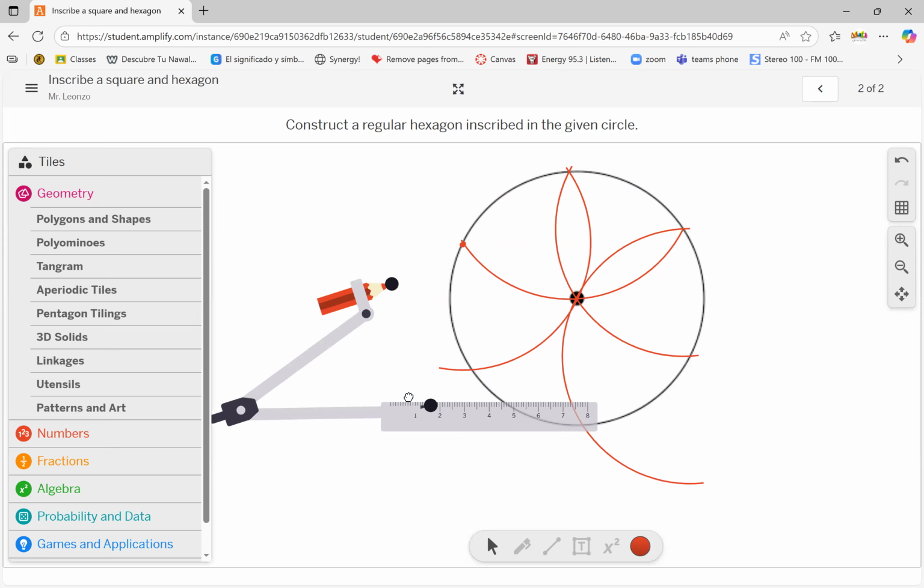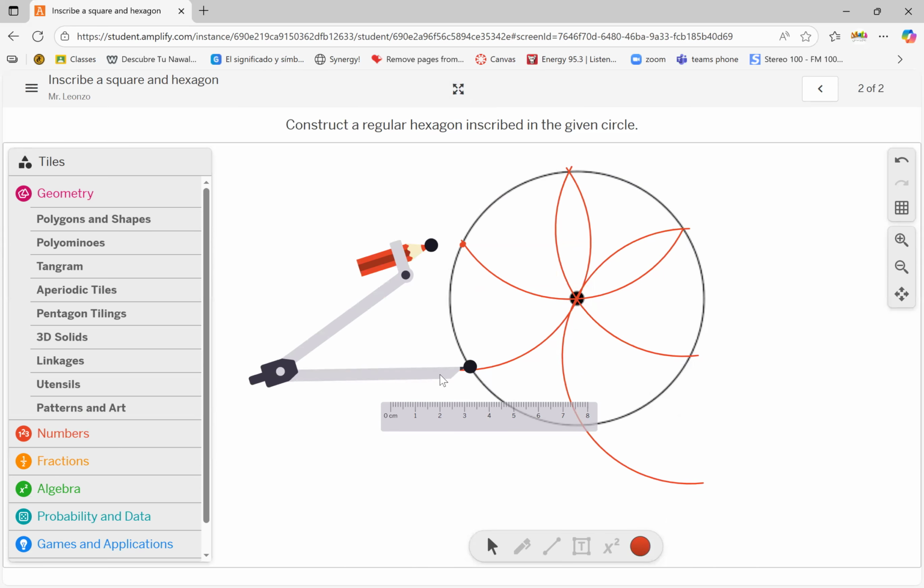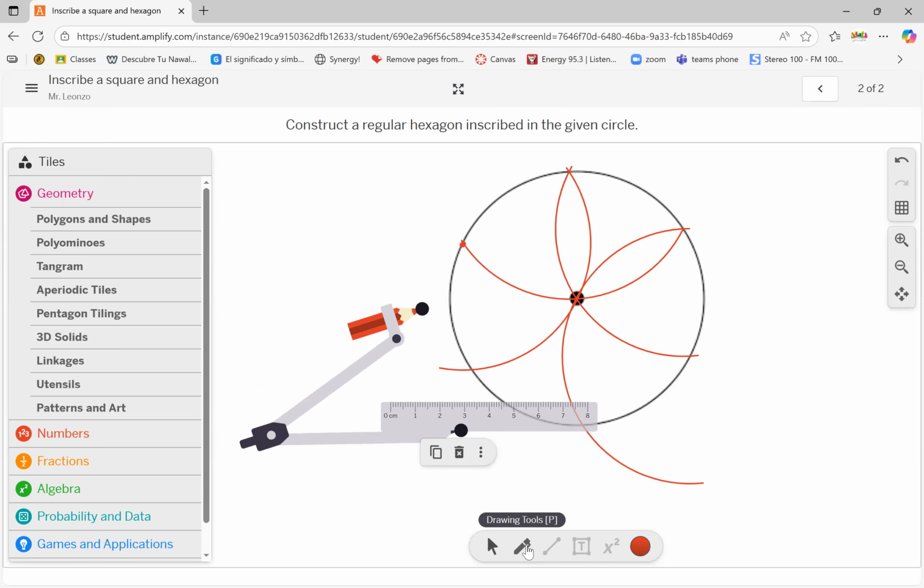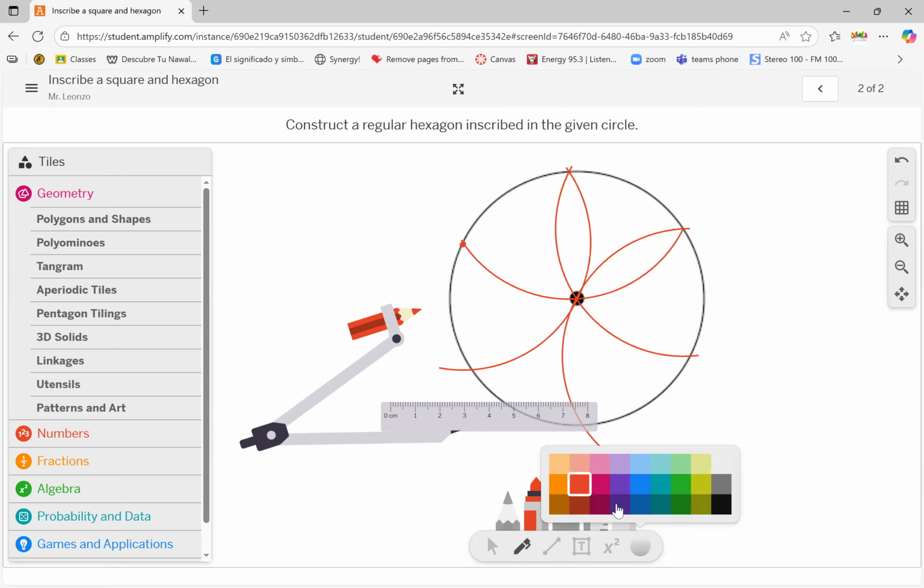I can finish it. I can create my daisy design. I can create the petals here, but I don't need to complete the whole design. I see already. Let me do blue here. I already see I touched the circle at 6 points. Here is 1 point, 2, 3, 4.